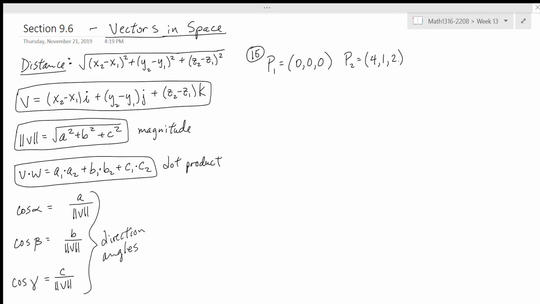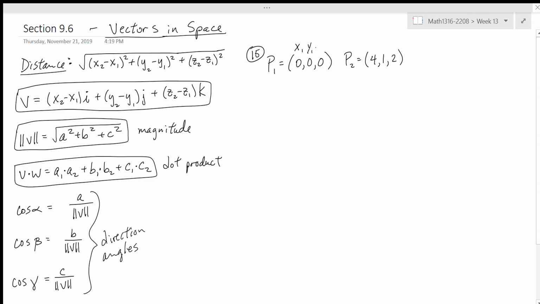Finding the distance, that means we're going to use the distance formula. And if you're just finding distance, does it matter which point you label with the 1s and the 2s? If you're just finding distance, it doesn't matter which one is x1, y1, z1, x2, y2, z2. Now, if it says find the vector where you've got x1 and x2 here, this does make a difference because the x1 has to be the initial point and the x2 has to be the terminal point. Got that? But if you're just finding distance, it doesn't matter.